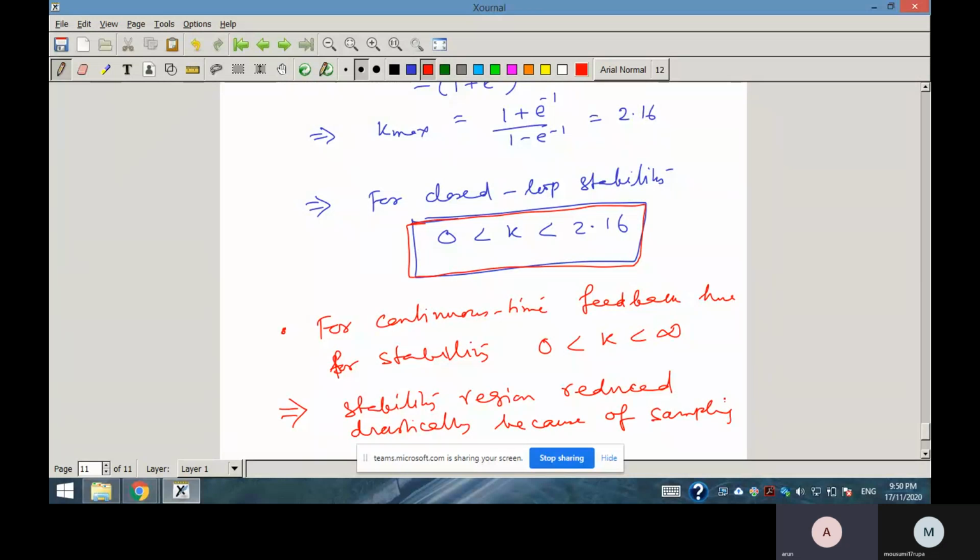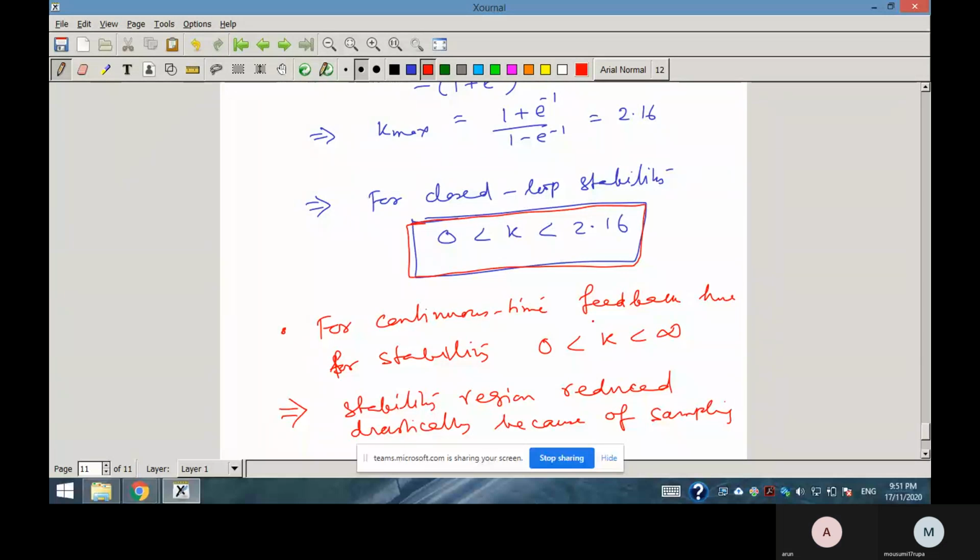So this is the problem with sampled data systems. In a continuous time feedback system, you get an infinite range. But if you implement the controller digitally, the stability region will reduce.